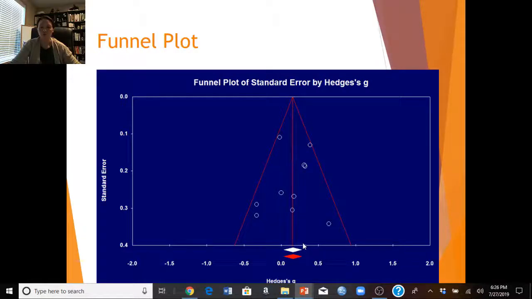And so this particular funnel plot, just looking at it very briefly and giving you an assessment of it, this actually looks good. Everything fits within the funnel here. Things tend to be fairly evenly distributed between the left and the right-hand side of our summary effect size, which is demonstrated here by this white rhombus.